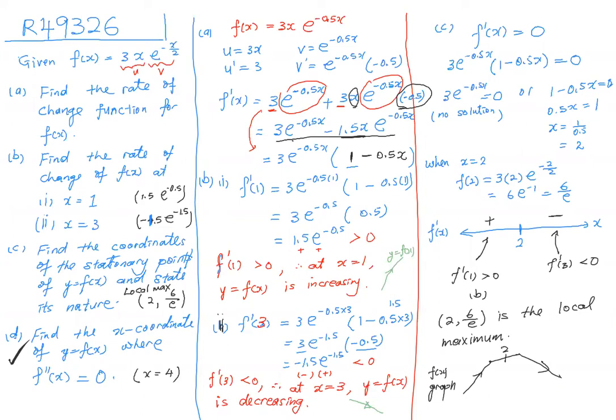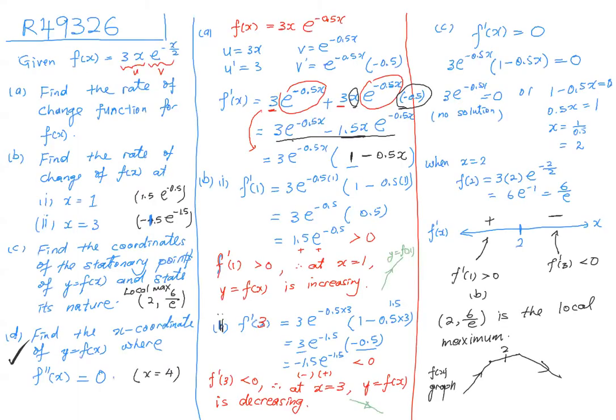Okay, now let's go to part D. I have to go to the other page. So for part D, every one of us knows that f double prime x is the dy over dx of f prime x, correct? So if I want to get f double prime x, I have to write down what my f prime x is.